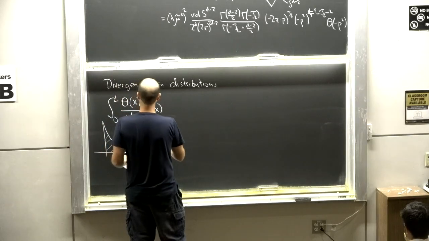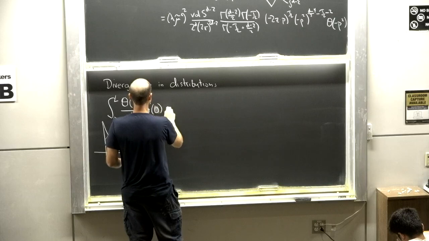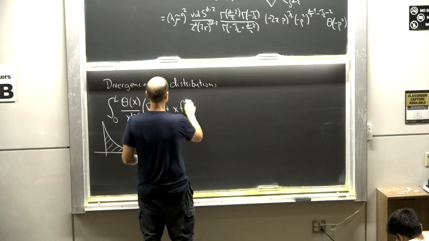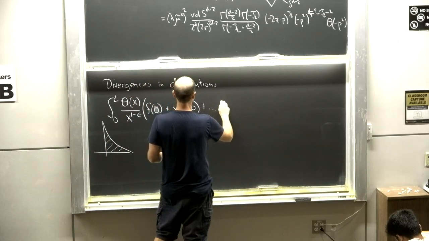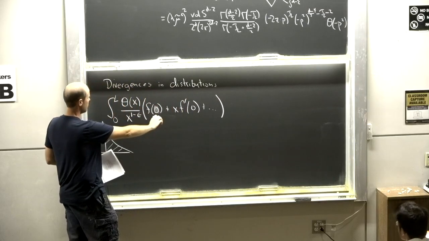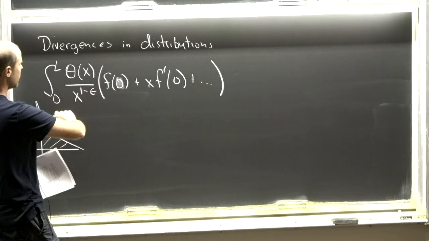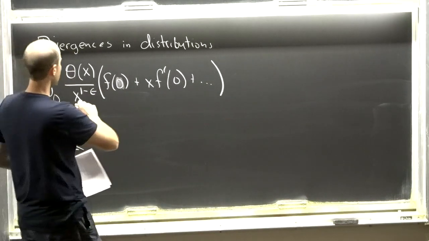So let's replace f of x with its Taylor expansion. So we get f of 0 plus x f prime of 0 plus dot, dot, dot. And we're allowed to do this expansion to analyze the singularity that we're looking for.